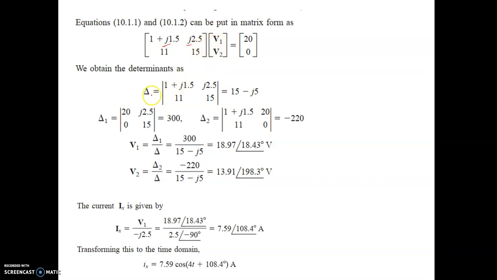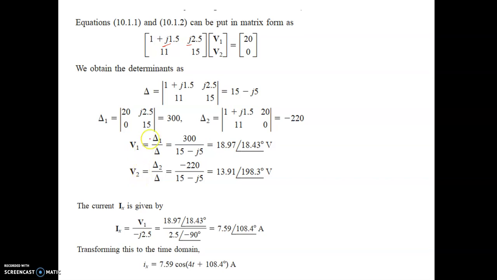So you have to take delta, that is the modulus of this matrix, 15 minus J5. Then del 1 is found by replacing the 20 0 into the first column. So 20 0, J 2.5, 15, that is 300. Then del 2, you have to replace the second column. After that you can find V1 and V2.